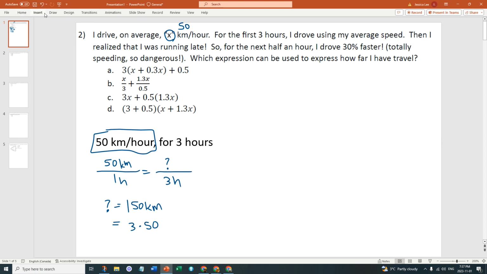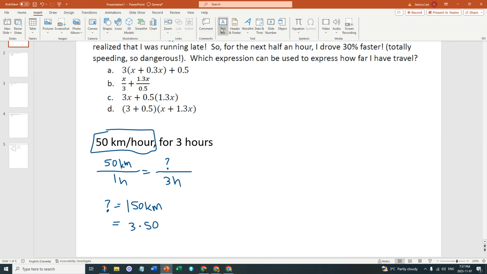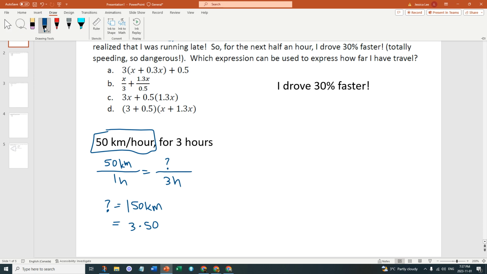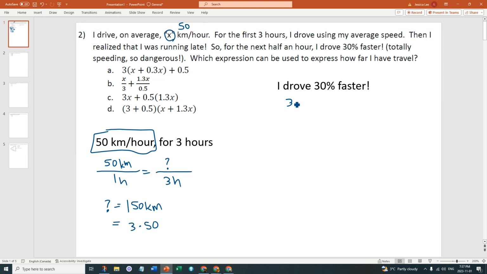Next, for the next half an hour, I drove 30% faster. So how do I find out my speed when I drove 30% faster? 30% always means 30 over 100 times the speed that I had.